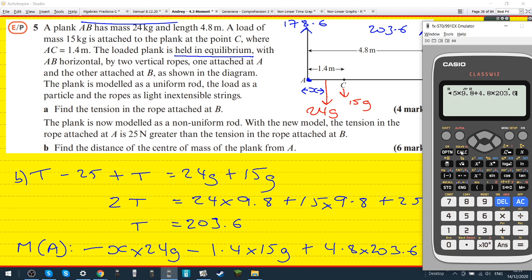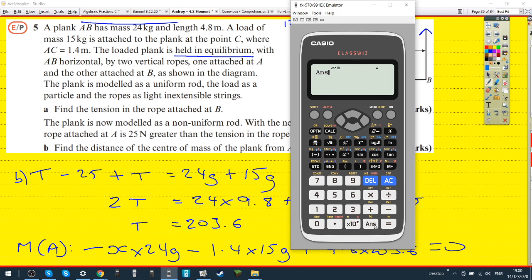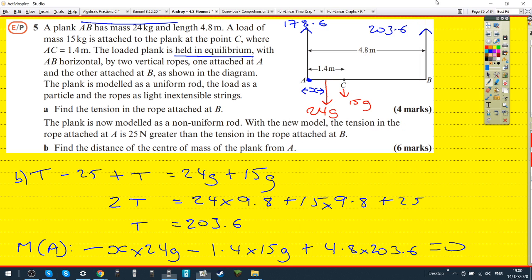Did you get an answer? I got quite a long decimal. 3.28. I must have put it in wrong. Did you put in 9.8?